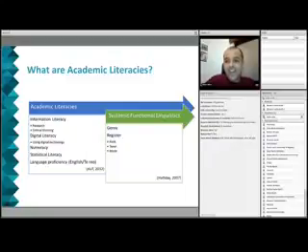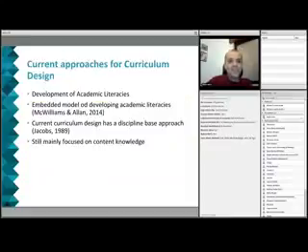Now I'm using university, higher education, and tertiary sector interchangeably, by the way, just acknowledging that, for example, here in New Zealand, we talk about tertiary education, whereas, for example, in the UK or Canada, I'm assuming that you would use higher education, but we're talking about the same thing. So I'm just trying to cater for different audiences here.